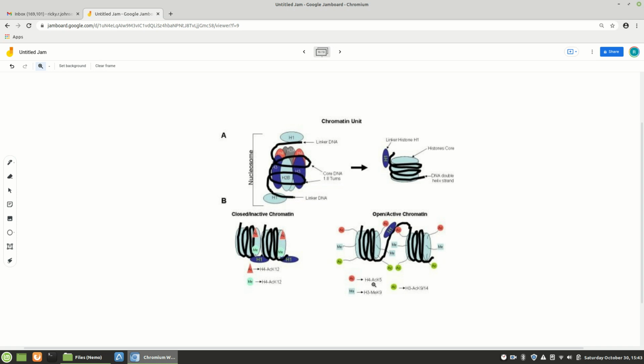All right, so you have all kinds of things. You have different types of marks here, and this is how we look at those. H4 represents the particular histone protein that we're talking about. Acetylation on lysine 5. There would be several lysines on those tails, and this is lysine 5. Here we're talking about lysine 9, but we haven't acetylated it, we've methylated it, and this is on H3. So it's a different histone protein than here.